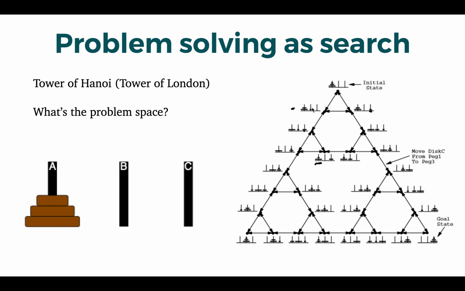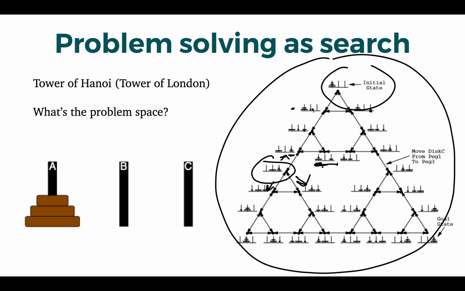I can move the small disc over here. And that's pretty much where we're going with that. Do you see what I'm doing here? Every one of these states has a set of potential moves that you can go to from there. Whatever current state you're in is going to have a different number of potential moves.